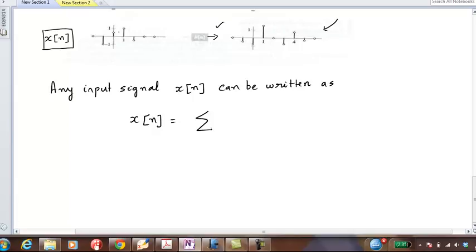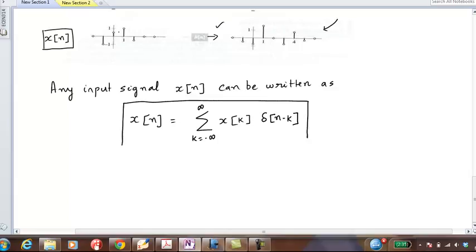Let me use the same notation as in the book: x of k times delta of n minus k, for k going from minus infinity to plus infinity.